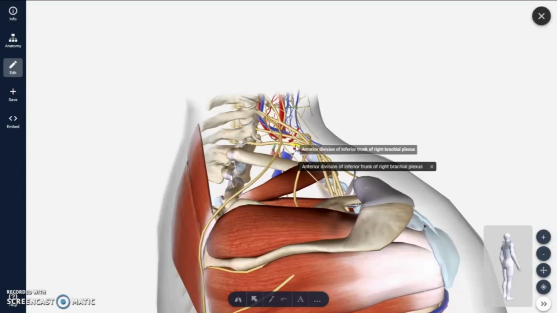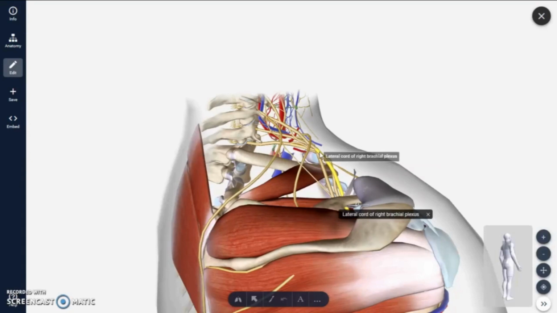Now these divisions are going to join together to form cords. That is, the anterior division of the upper trunk and the middle trunk join together to form the lateral cord of the brachial plexus, which you are seeing here.